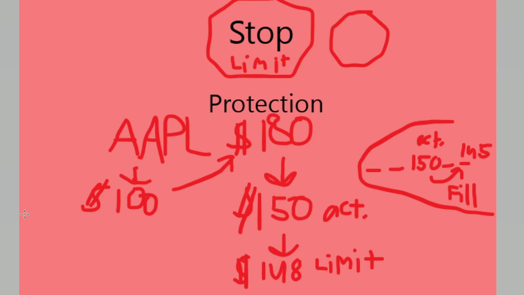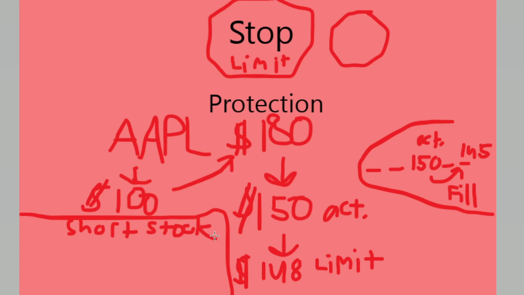Now, one place that people do utilize it that isn't specified here is short selling. I don't partake in it much. It's very, very rare for me. Let's say you are short stock. If you don't know what that means, it means you're borrowing the stock. What you want is for the stock price to continue to go down.